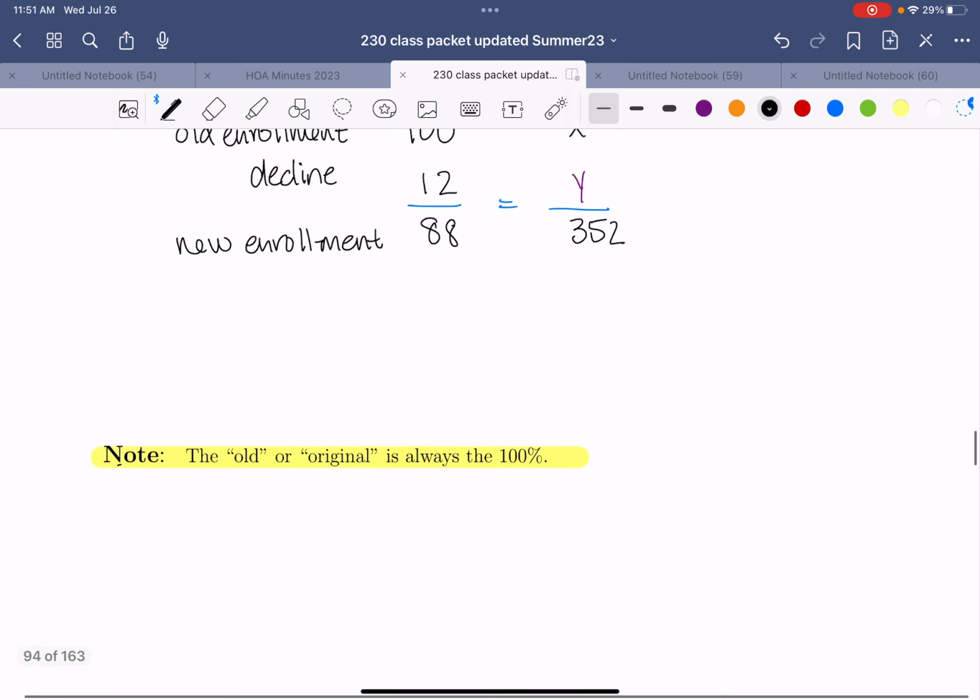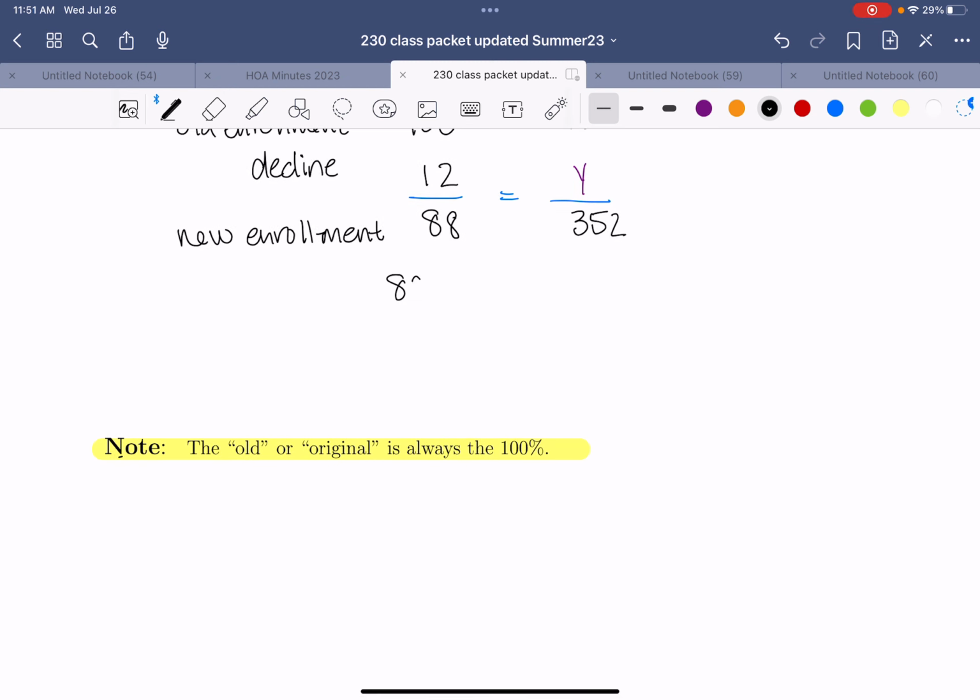Then I can cross multiply, and that's going to give me 88y is equal to 352 times 12, which is 4,224. Then we divide both sides by the 88 to get the y by itself. And we end up with 48.